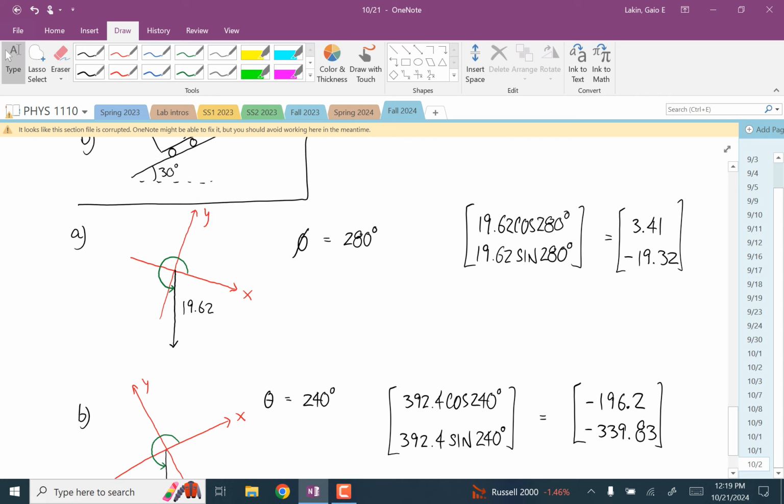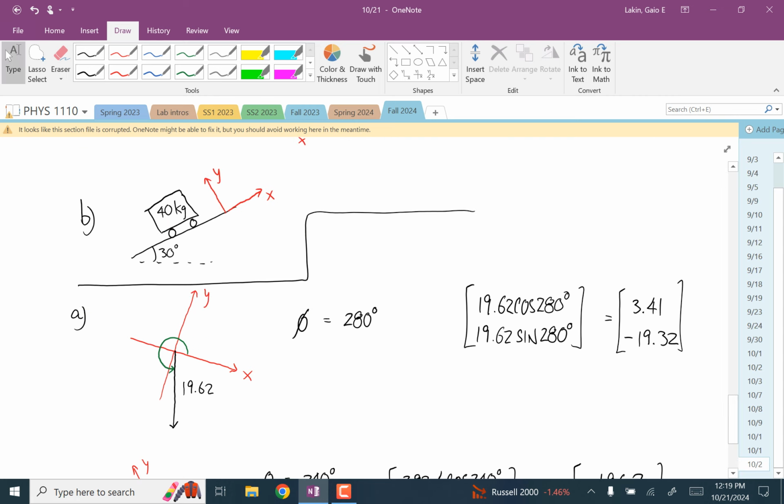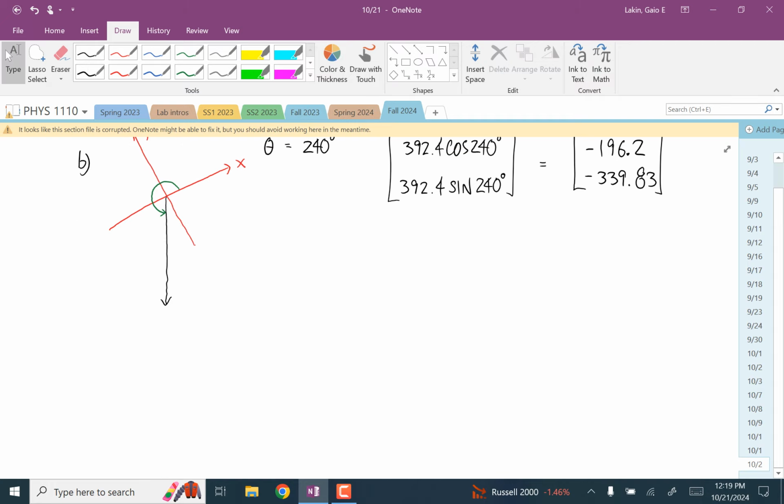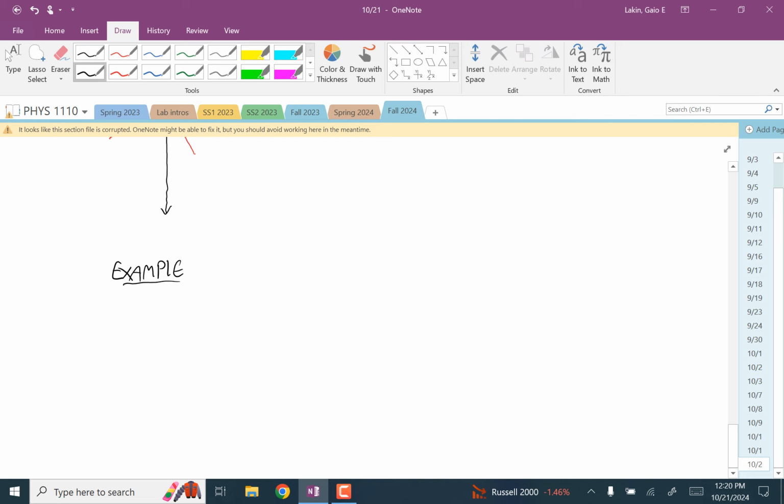Okay, so that's how you find the angles and find the components of the weight force vector. So now all we have to do is just put that into a full problem. So let's start with one where we have a 20-degree angle between the ramp and the horizontal.